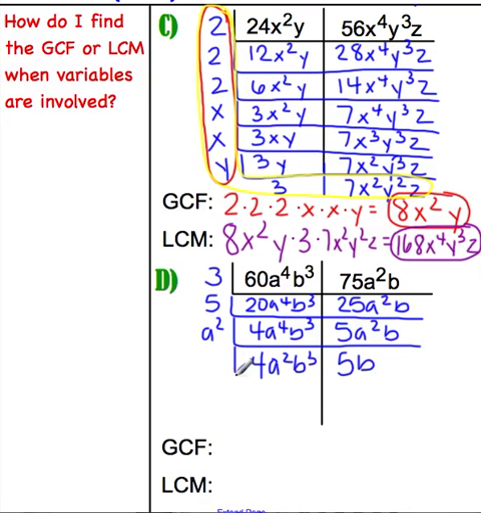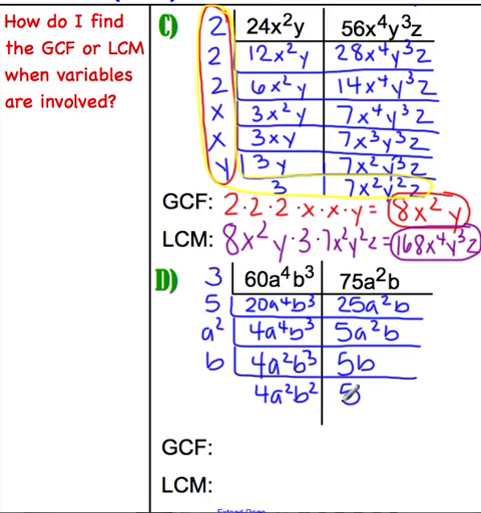Then I look and see that 4 and 5 are taken care of, the a's were taken care of. Now I still have a b in common with both, so I'll divide out the b, which leaves me with 4a squared, and then b cubed divided by b is b squared, and 5b divided by b is 5.